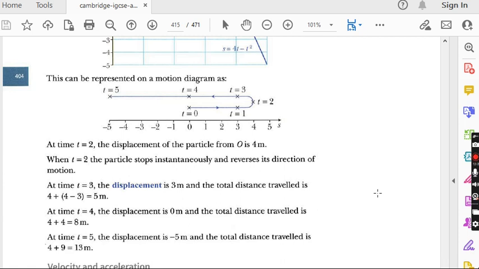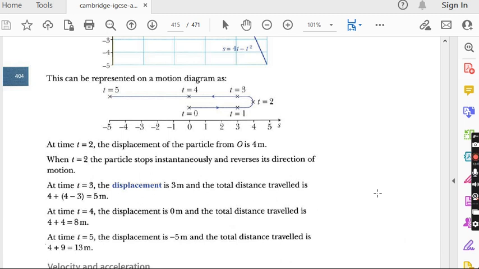From t = 2 to t = 4, the displacement is 0, but the distance is 4. Negative 4 is no concept when we talk about distance. So 4 plus 4 is 8. Hope you understand.